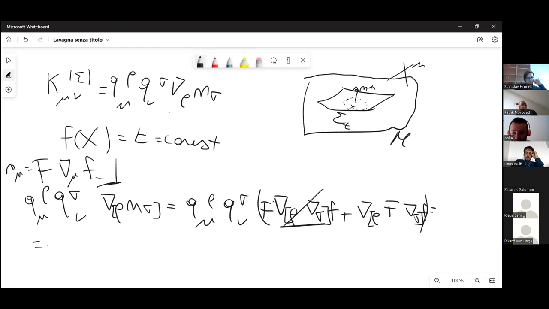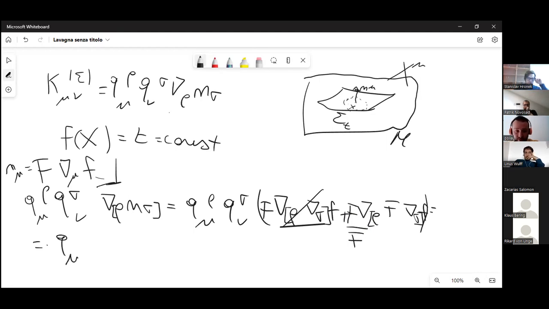If we multiply and divide by F, we find that the gradient nabla applied to capital F, divided by F, is just the gradient of the logarithm of F. What remains is capital F, which multiplies the other gradient applied to small f, and that's the n mu itself.